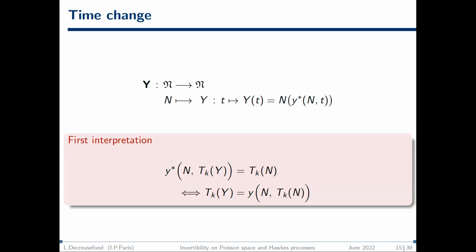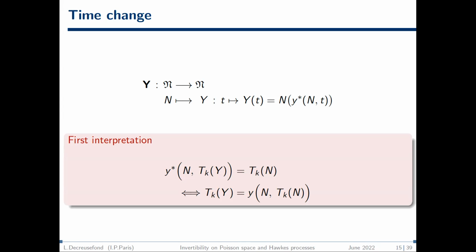Okay, so now I will consider capital N, or I don't know, fraktur N, gothic N, the set of all realizations of a sample path. So the set of all sequences of points which are strictly positive, which are ordered and go to infinity. This is this kind of space.